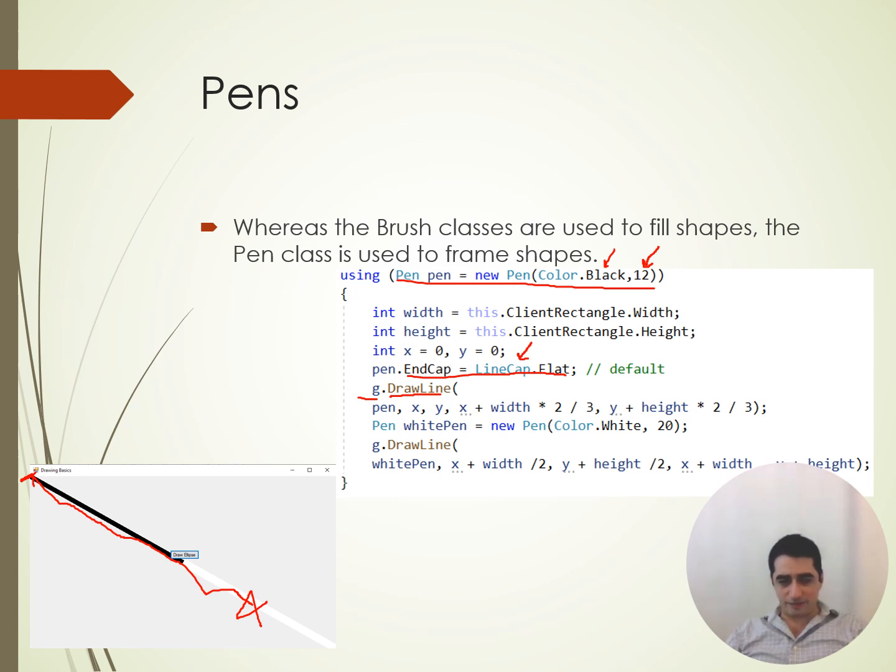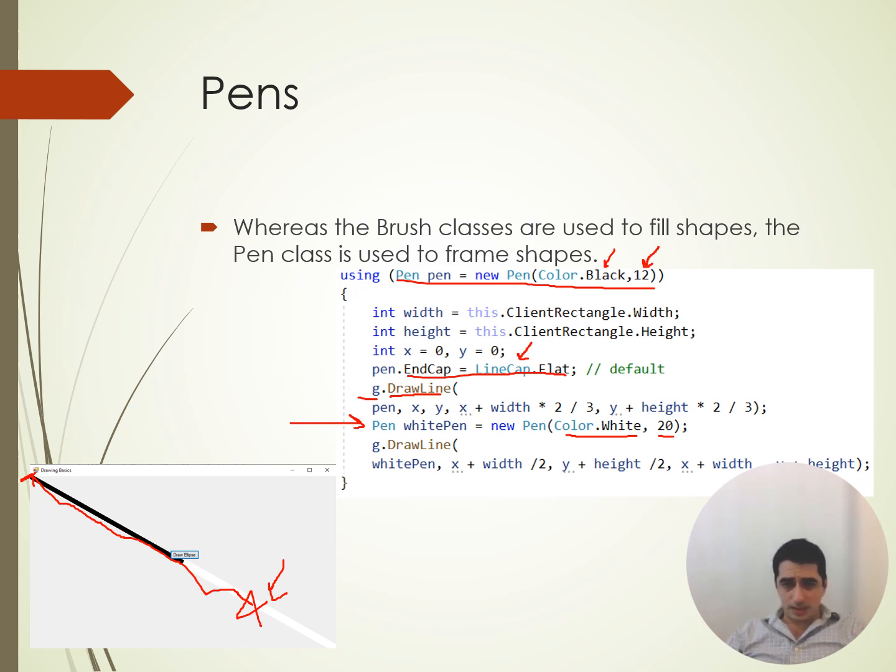Now you may say, what happened to this image? You only have this black line from beginning to the middle. Why do you extend it all the way to this location? The answer is later I have created another pen in this code snippet, and I have made a different color. This is a white color and a different width.